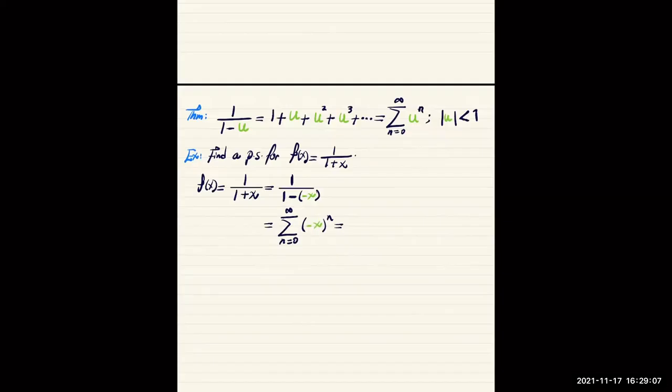And if you want to rewrite it, you could write that as negative 1 to the n, x to the n. Distribute the power to both factors of negative 1 and x. Okay, because this way we can identify the coefficients. The coefficients are represented by negative 1 to the n.